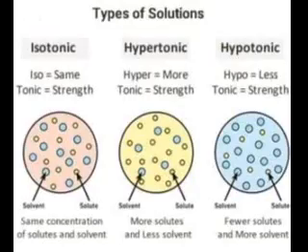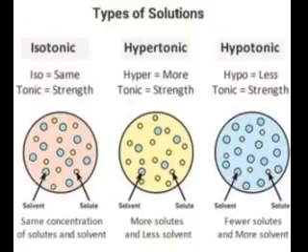Now let us discuss the three types of solutions, that is isotonic solution, hypertonic solution and hypotonic solution. So now isotonic. Iso means same. Tonic means strength. So if the same concentration of solute and solvent is present in the solution, then it is known as an isotonic solution. Hypertonic.